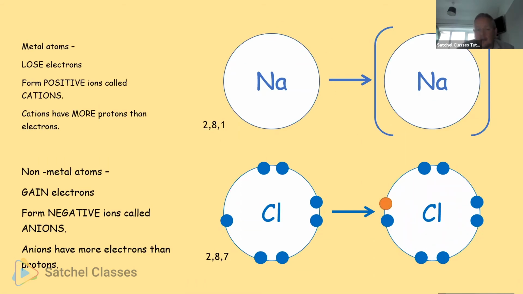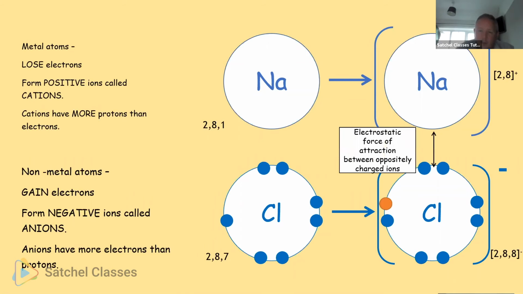That extra electron that they have gained can come from other atoms that are giving them up, such as our sodium. And this forms this arrangement. Now I've got a positively charged sodium atom and a negatively charged chlorine atom. That positive and negative charge are opposites.